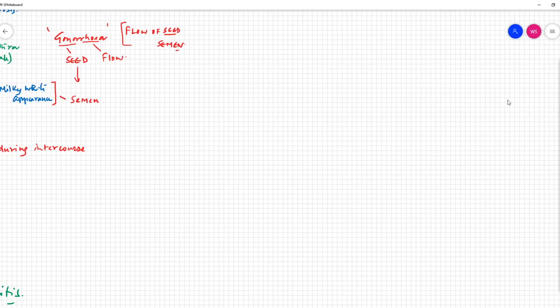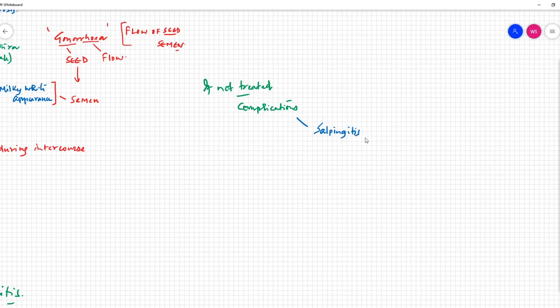What are the complications we are talking about? The important complication is, as we mentioned last time, this can become an ascending infection and cause salpingitis.